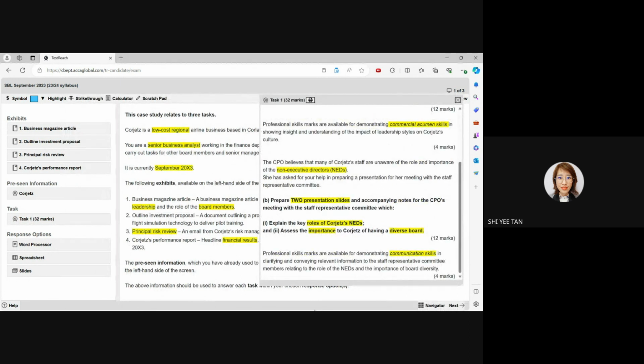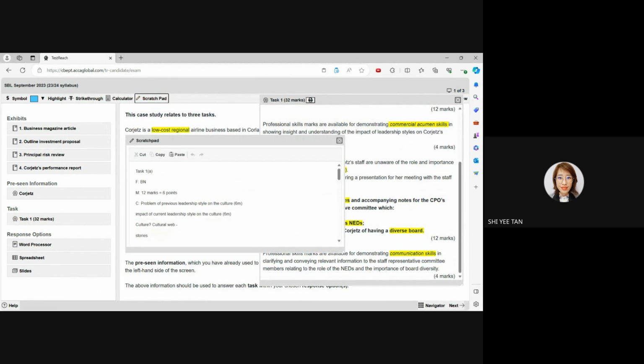Presentation slides. Okay, so we can write down presentation slides, right? Marks is 12, 6 points, and then the content I can write down rows of NABs, right? This one no need to write also can because we already wrote it downstairs.